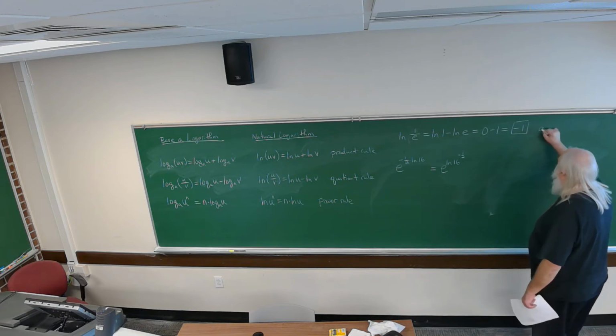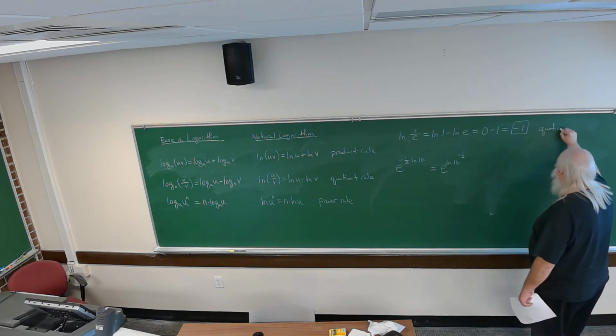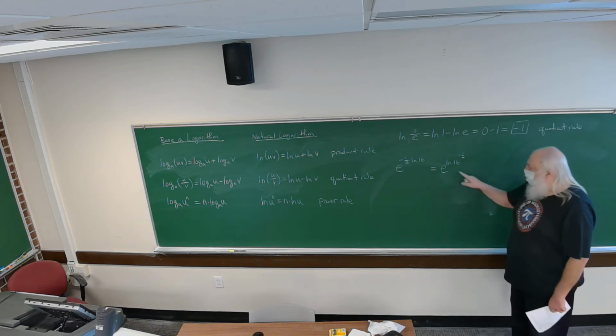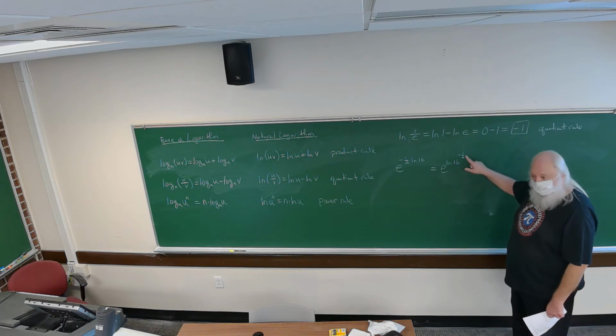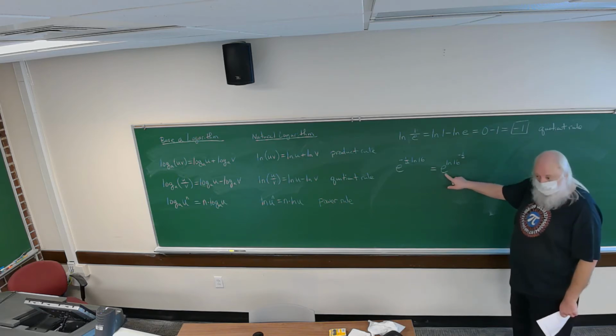So I'll make a note on this first example. What we used in this first example was the quotient rule. So you have to be careful now, because -1/2 is the exponent on the number 16, and then the natural log of 16 to the -1/2 is the exponent on the number e.